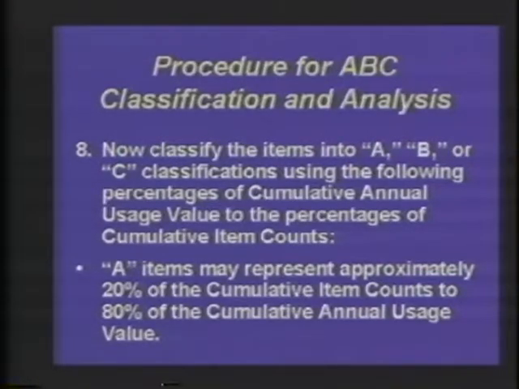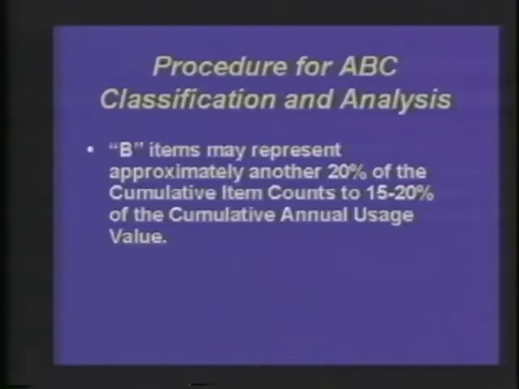You notice from page 12, we had 20% of the part numbers represented by a little over 71%. So this does not mean that I have to have precisely 20% of the part numbers represented by 80% of the annual usage value. The B items, another 20% of the part numbers would represent another 15 to 20% of the cumulative annual usage value. And the C items would be the balance.